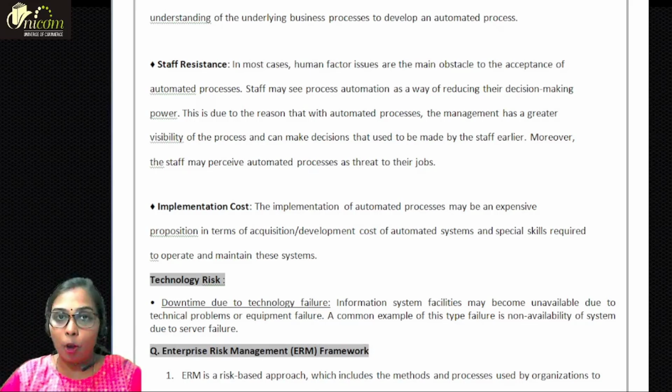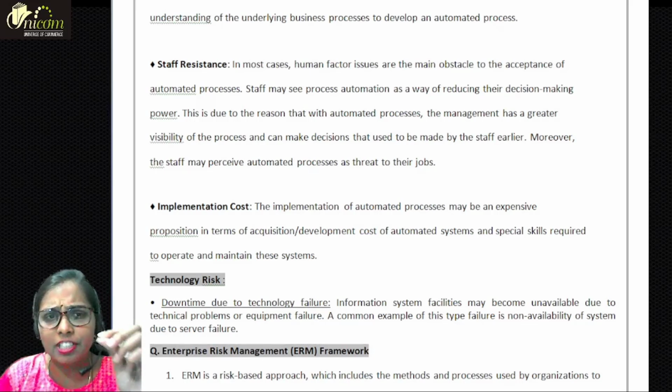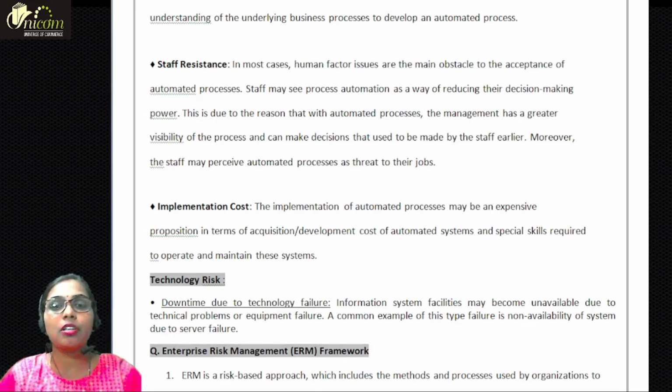Next important topic is a very small addition of a particular part, that is you have a part called risks in this particular chapter, ठीक है. In this chapter there are three types of risks: business risk, technology risk, data related risks.